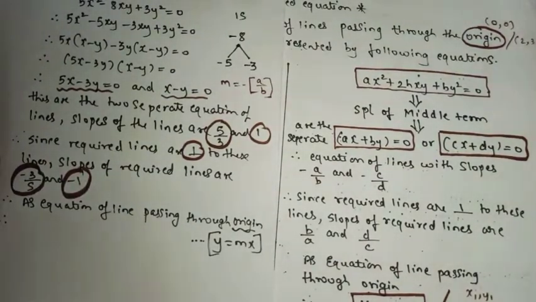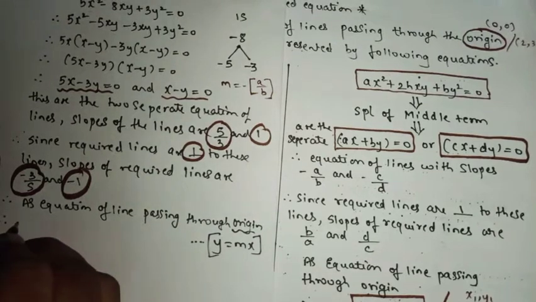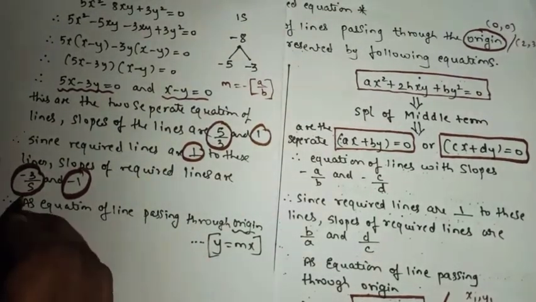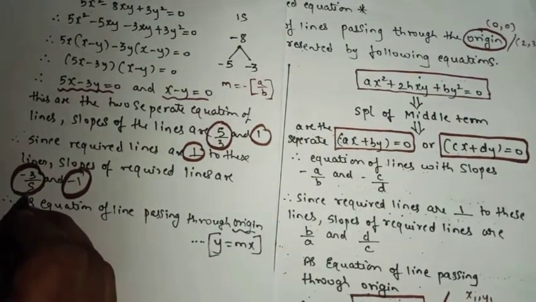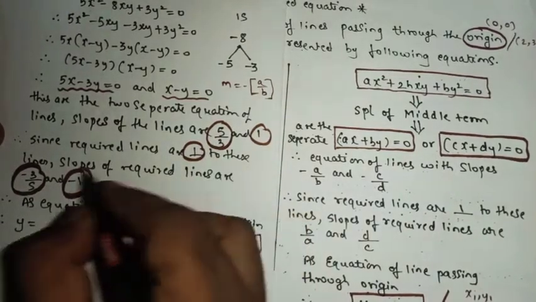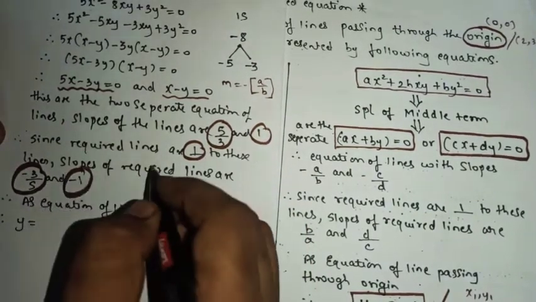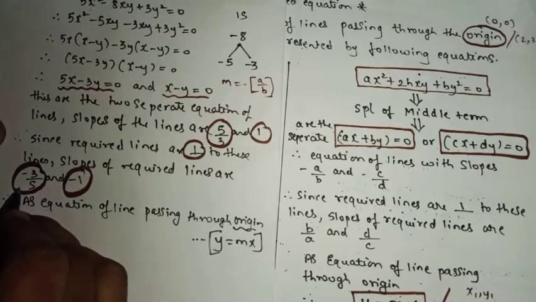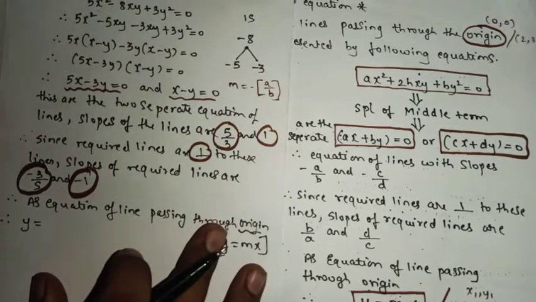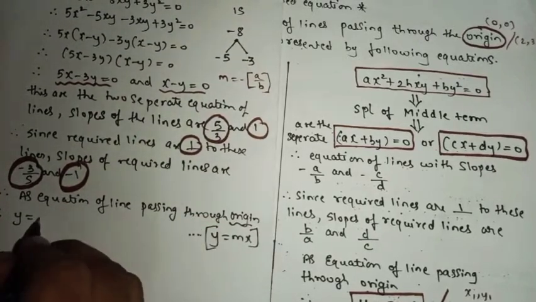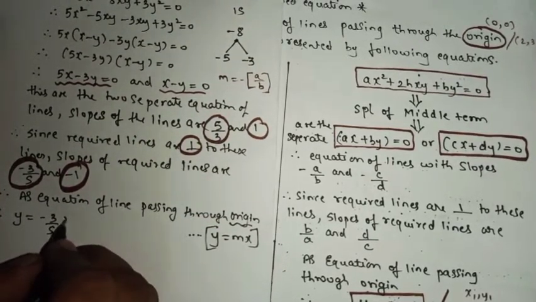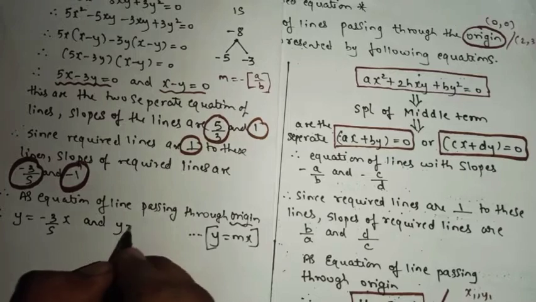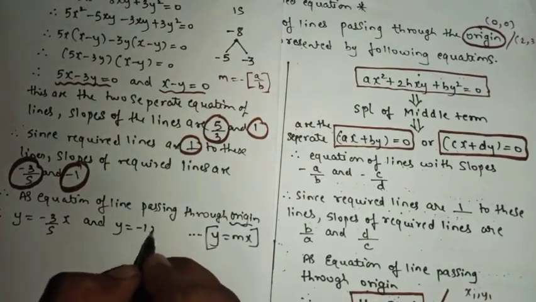Yes or no? For the first, y equal to m x. Okay. So which m do we have to consider? This, yeah, this. As the question says that it is perpendicular, so the slope which we got for the perpendicular condition is minus 3 upon 5, so y equals minus 3 upon 5 x, and y equal to the second slope, which is minus 1 x. Yes or no?